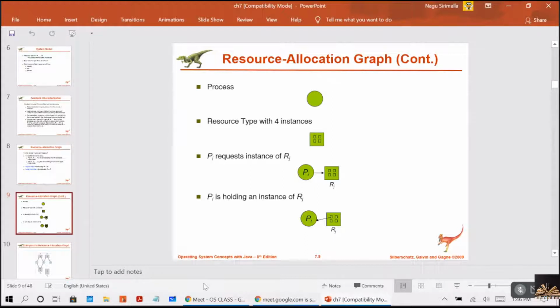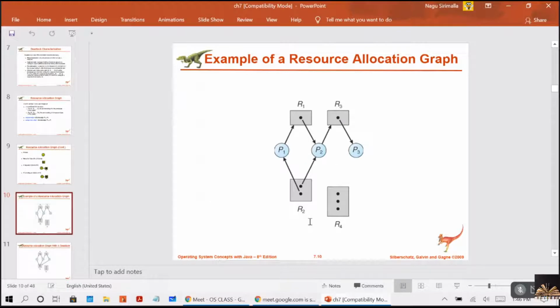If Pi is requesting an instance of Rj, you have the directed edge from process to resource. If the process is holding a resource, then the edge is from the dot, that instance of the resource type Rj, to Pi. It is clear?